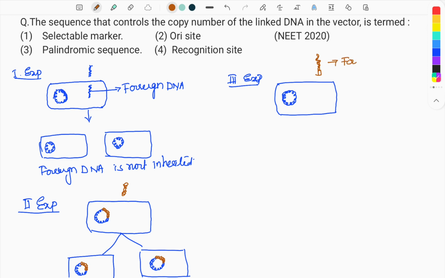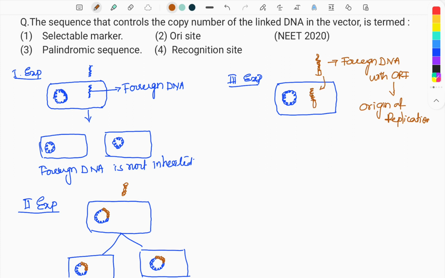So let me write this is foreign DNA with ORI. Remember ORI stands for Origin of Replication, and now it is inserted inside the bacteria along with ORI.